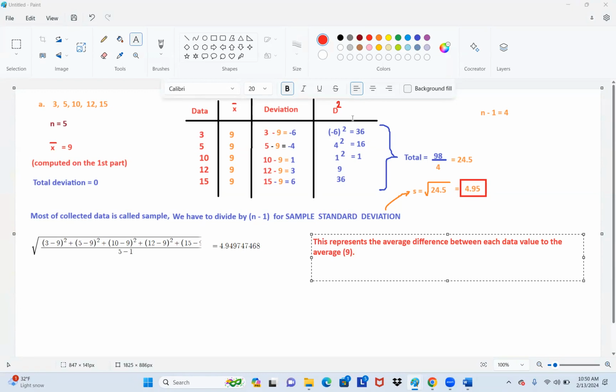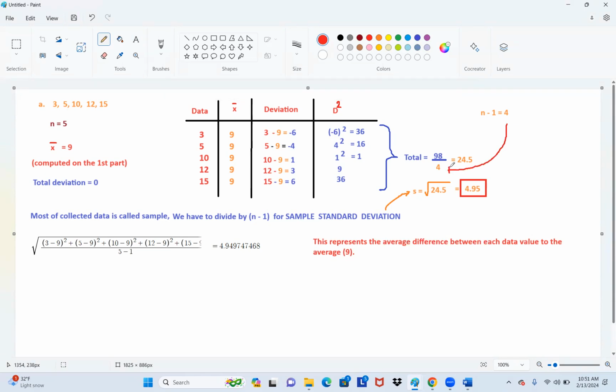So when we compute the average, it is unchanged; we still divide by 5. But in the last step, after we add up the total, we have to divide by n minus 1. So this is going to make a difference. We divide by n minus 1, which is 4, instead of 5.